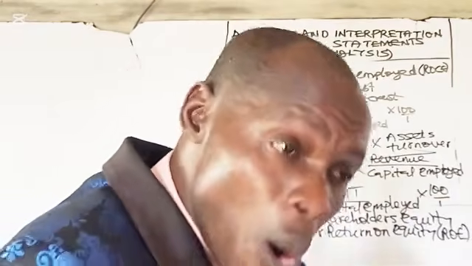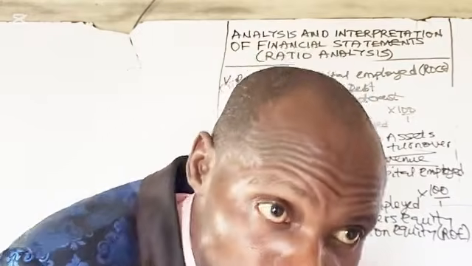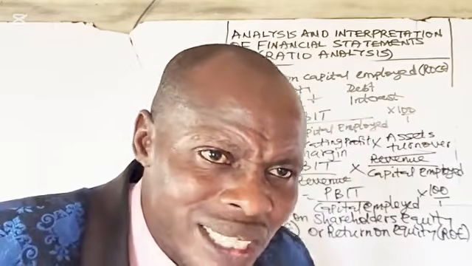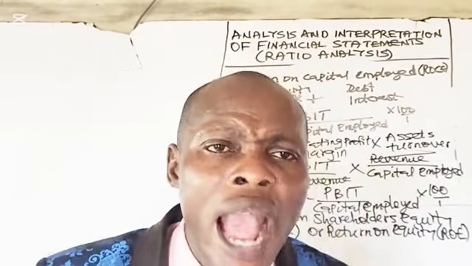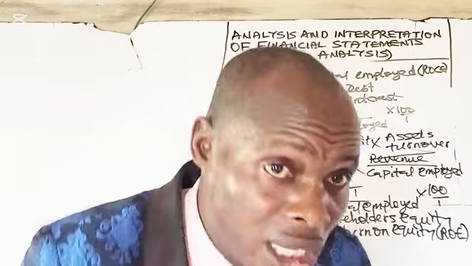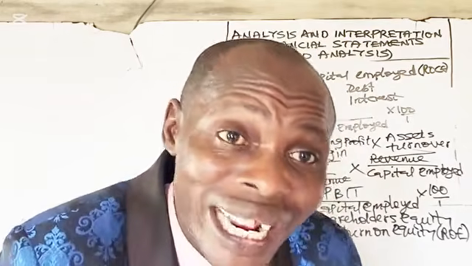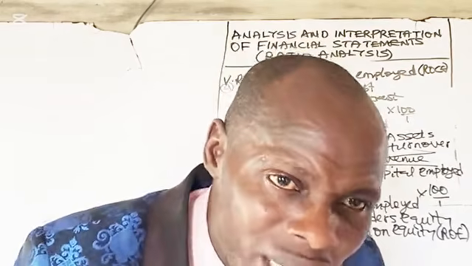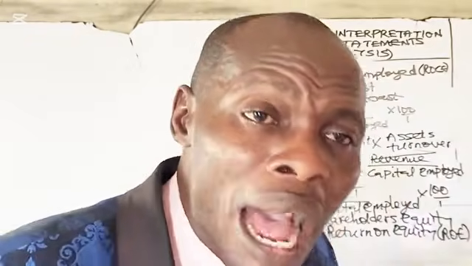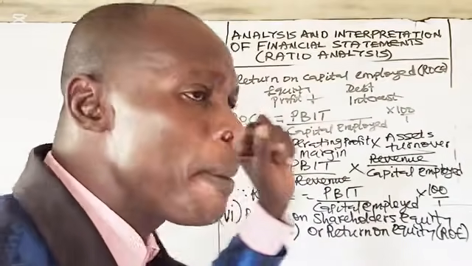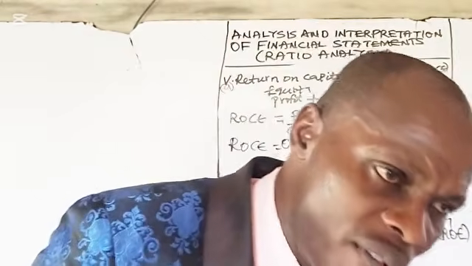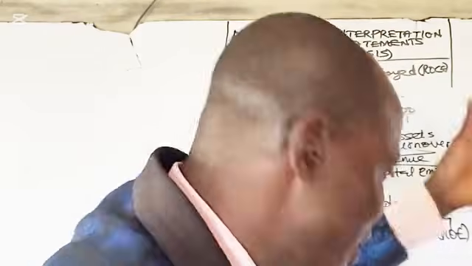Every other stakeholder's own stake has to be met before anything can be given to equity holders, since they are the owners. They are the ones that will be settled last. That is why the profit you need here is the overall final profit, which is the profit after tax.